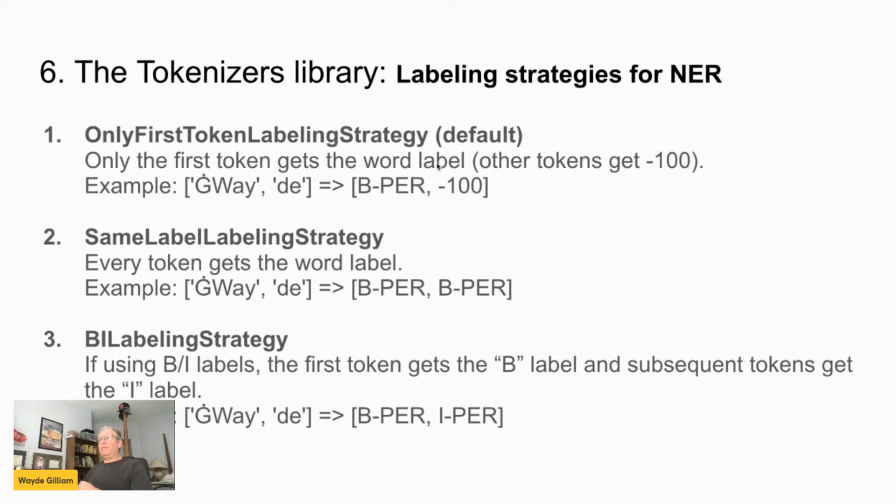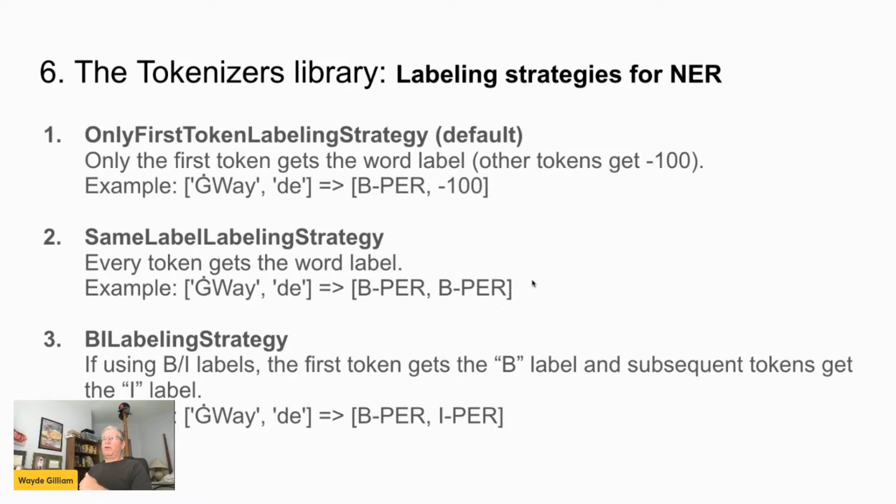And so by using this strategy, we're only going to be determining the whole word based on the first token. And when we calculate our loss, it's going to know to not include the subsequent tokens when calculating that. It's only going to do it based on the first token in the word.